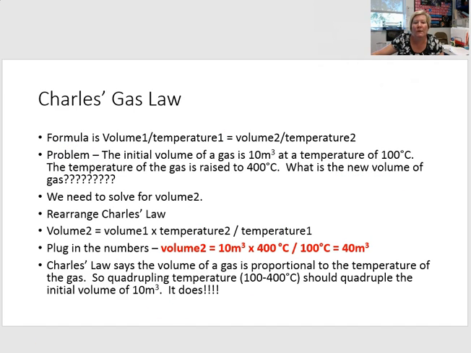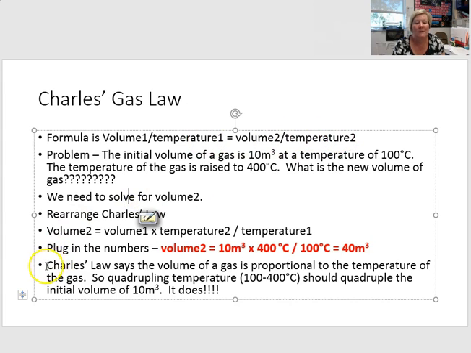Let's continue on with the next gas law, and that is Charles's gas law. The formula is the volume 1 divided by temperature 1 is equal to volume 2 divided by temperature 2. So right here. Now, Charles's law says that the volume of a gas is directly proportional to its temperature.